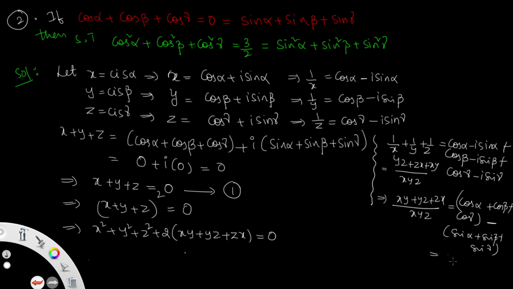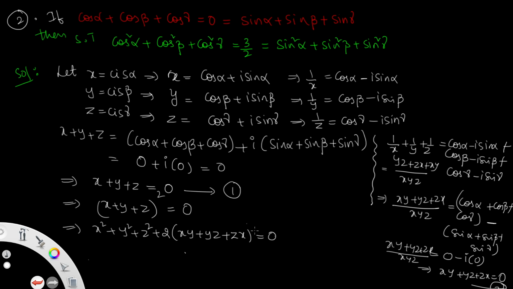All of this adds to 0 minus i into 0, so xy plus yz plus zx equal to 0. This is the second expression.